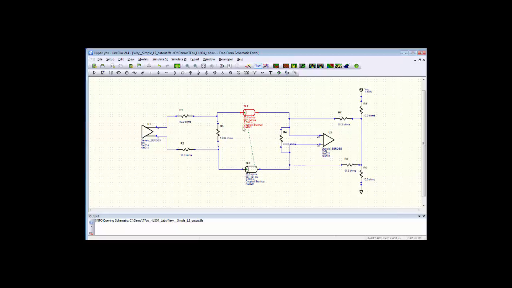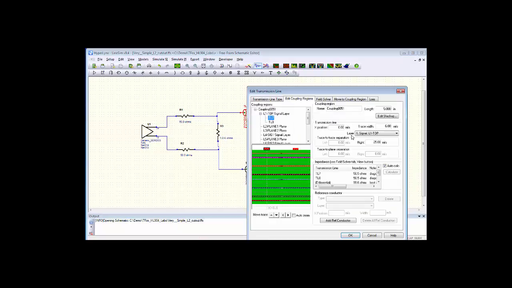Now let's go back and change from wide coupling to narrow coupling, or loose coupling to tight coupling. Instead of being 25 mils wide, let's make it a 4 mil separation.